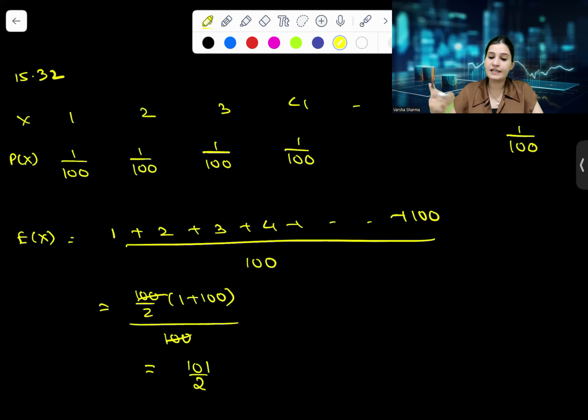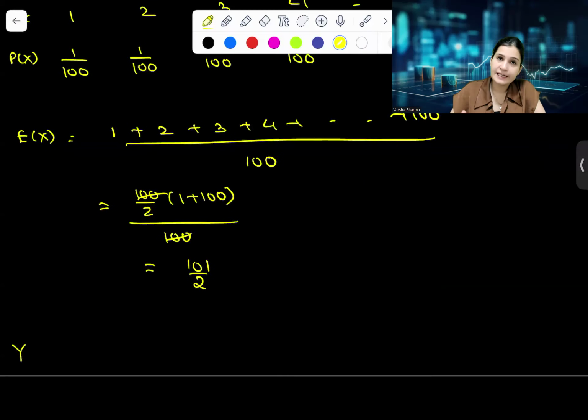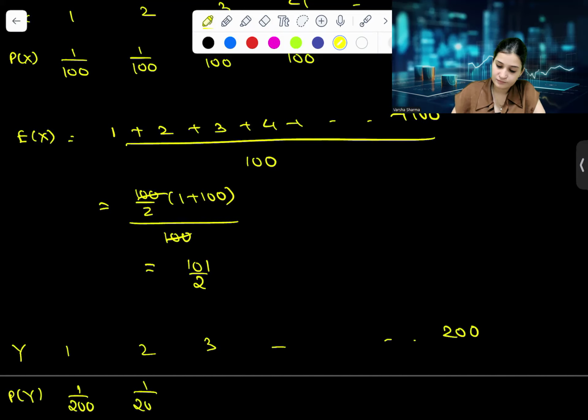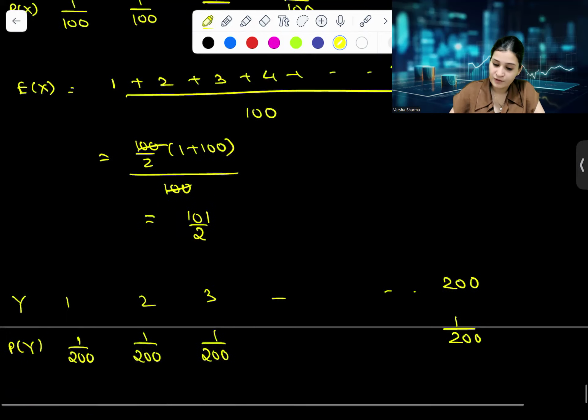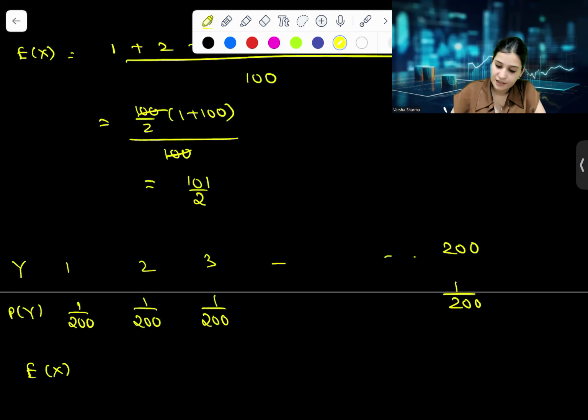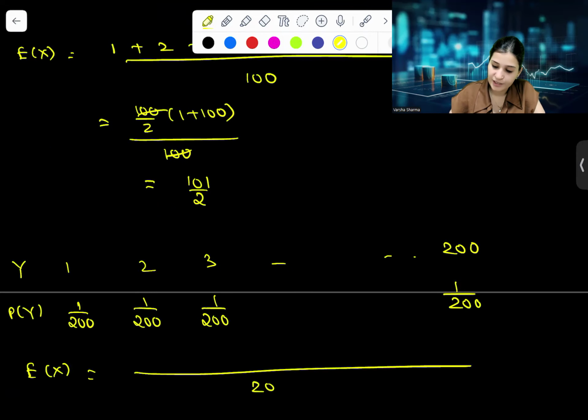Similarly for Y, we can select any number from the first 200. So this time it will go till 200 and the probability to get each number would be 1 by 200. E of Y, again: all of them have the same denominator, 1 plus 2 plus 3 till 200.